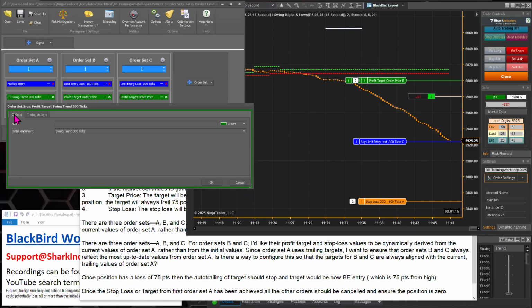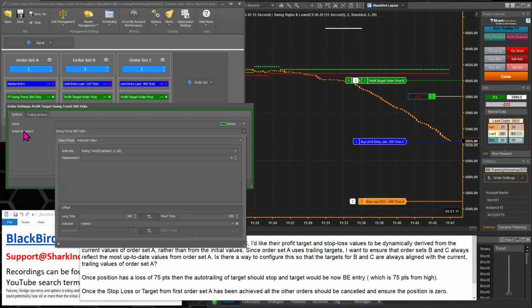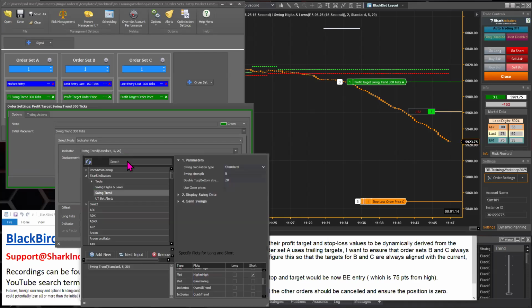The initial placement is we're using a swing indicator to grab the latest highest high for a short, or the latest lowest low for a long trade.